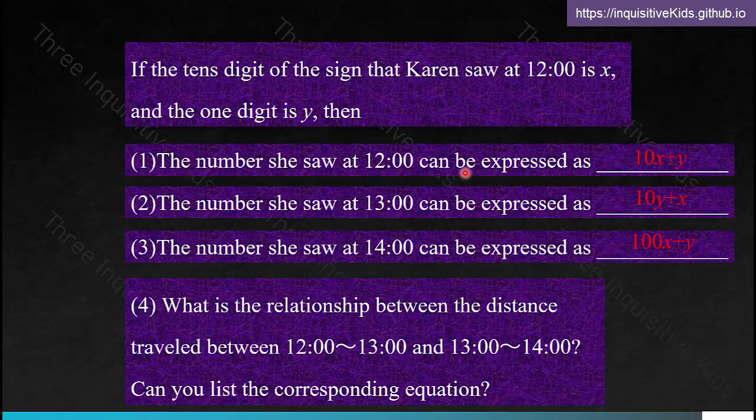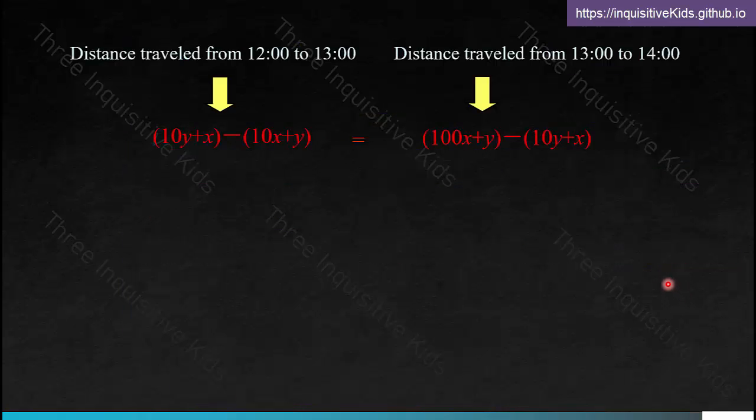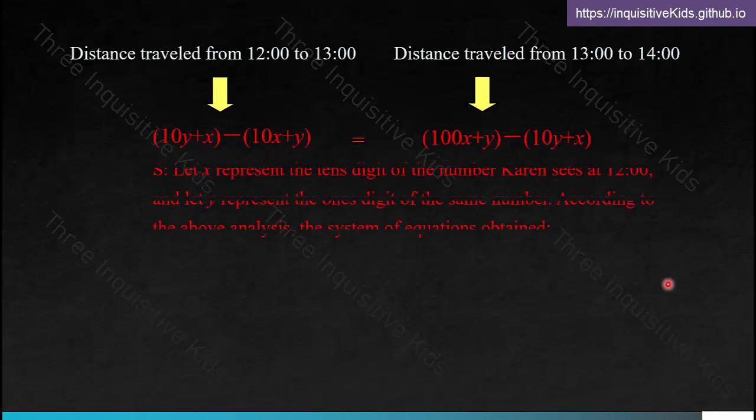Therefore, the difference from 10x plus y to 10y plus x is the same as 10y plus x to 100x plus y. So the distance traveled from 12 to 13, we have 10y plus x minus (10x plus y). And the distance traveled from 13 to 14, (100x plus y) minus (10y plus x).